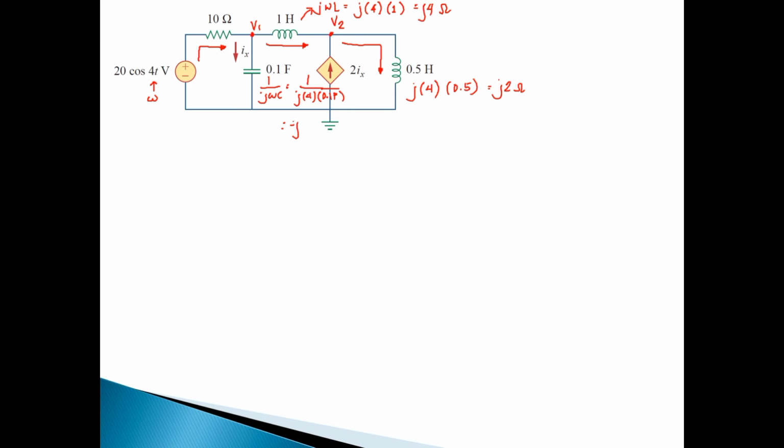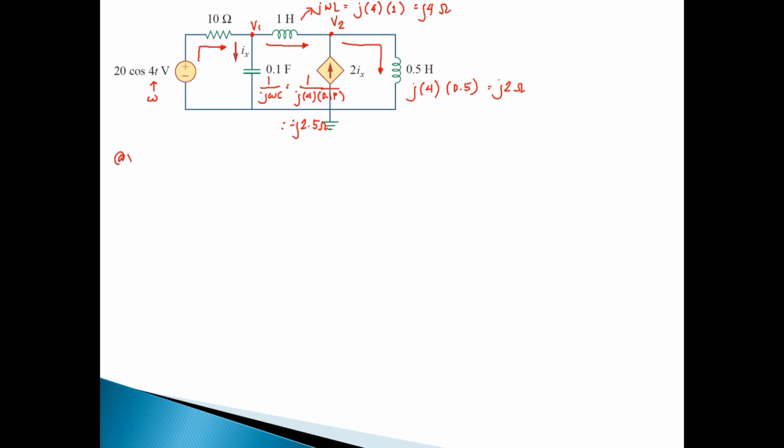We have negative j2.5 ohms. Since we already converted the inductance and capacitance to their respective reactances, we now proceed with the equations.